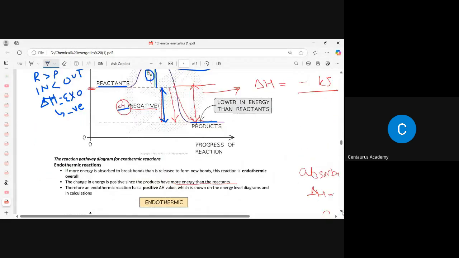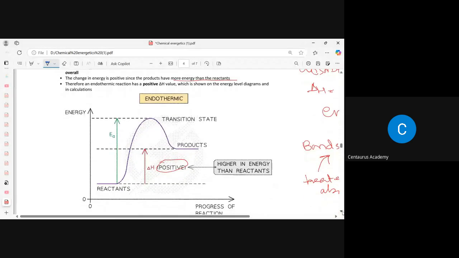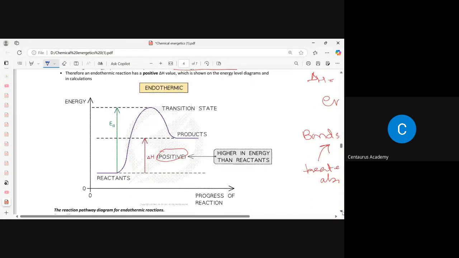Okay, let's look into the energy profile diagram for endothermic reactions. If you look into this one, for the progress of the reaction, here you notice that a greater amount of activation energy is required by the reactants.